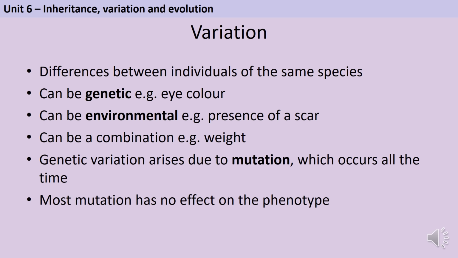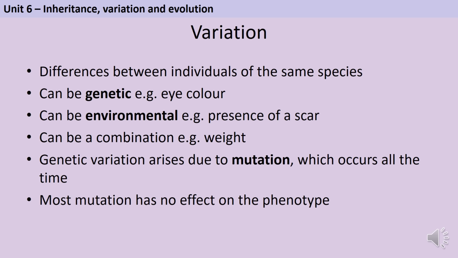But a lot of variation is actually a combination of genetics and the environment. So, for instance, how much you eat and how much you exercise obviously plays a huge role in how heavy you are, but there is also a genetic component to that. Some people have a metabolism which means they're more likely to put on weight. Genetic variation arises because of mutations, so little differences that happen in the DNA when it's being copied, or sometimes just because of mutagens, so things like UV radiation can cause your DNA to mutate.